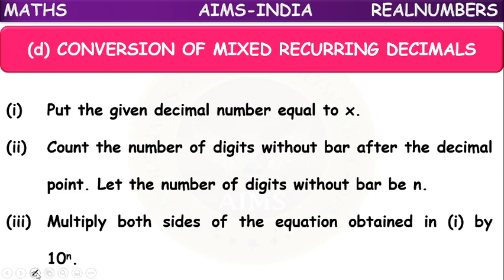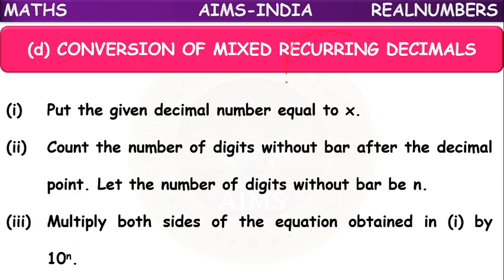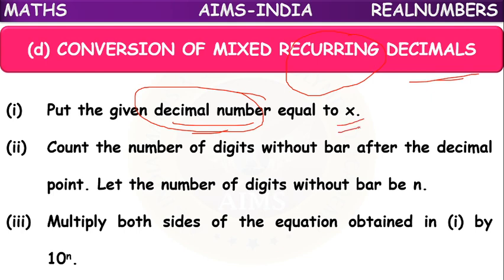Let's see the conversion of mixed recurring decimals into rational numbers. Here also it is the same. First, the given decimal number is taken equal to x.